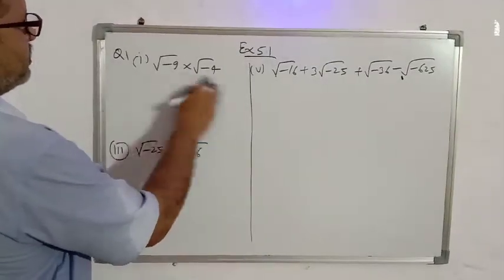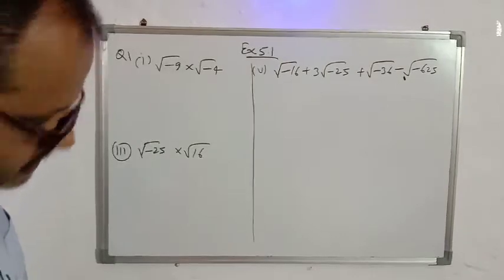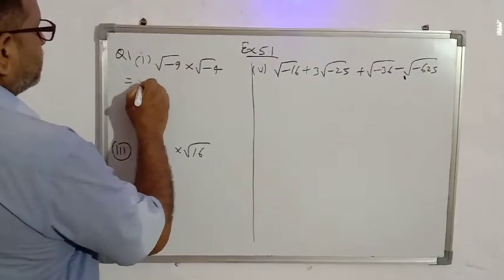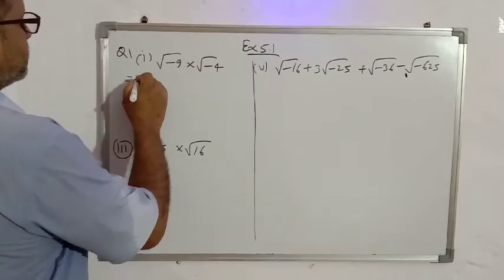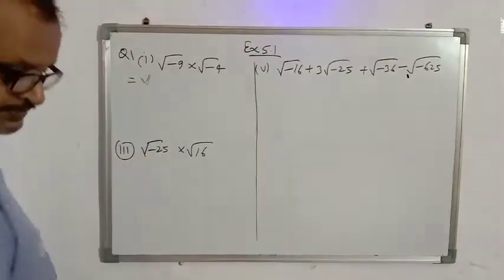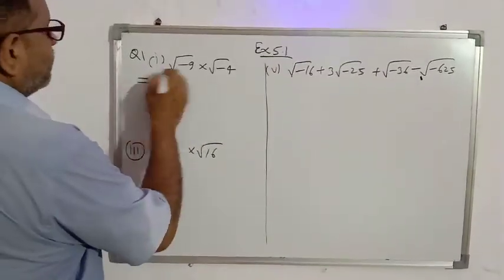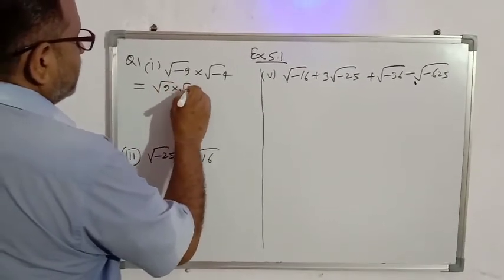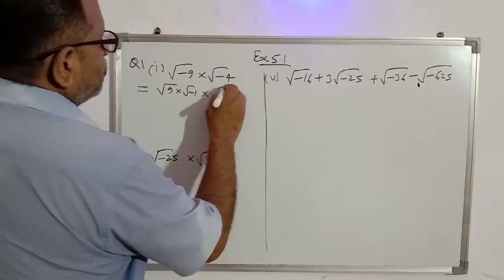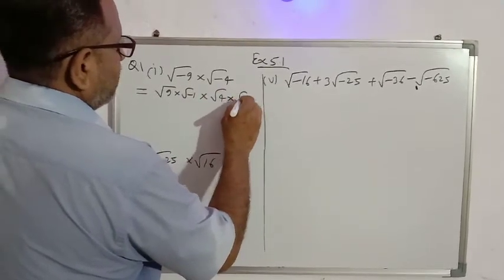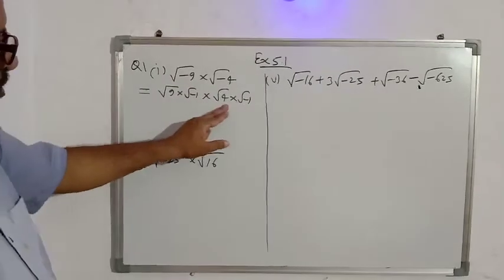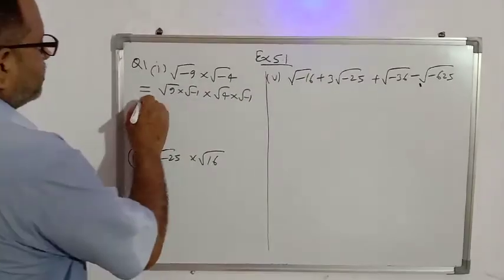So how will we do it? We can write it as root 9 into root minus 1, into root 4 into root minus 1.